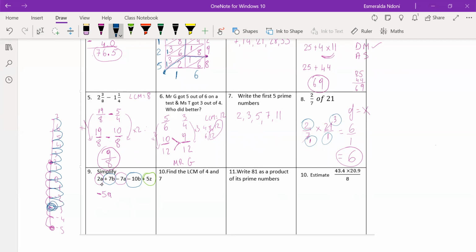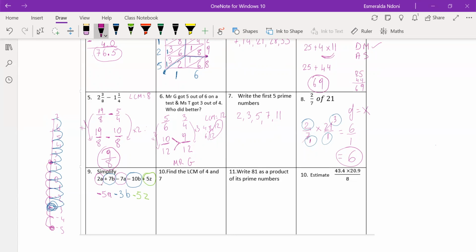I landed here at negative 3. So I'm going to write negative 3b. Then I have the 5z, which is not going to be collected with anything. So I'm just going to write that at the back. And I have finished that question.